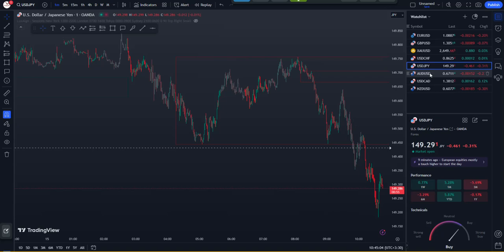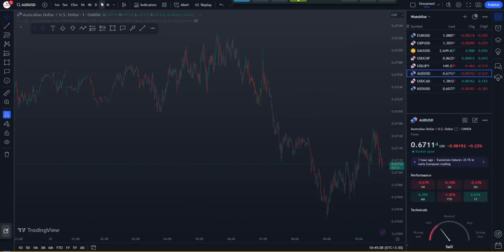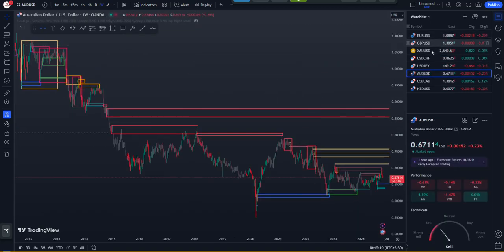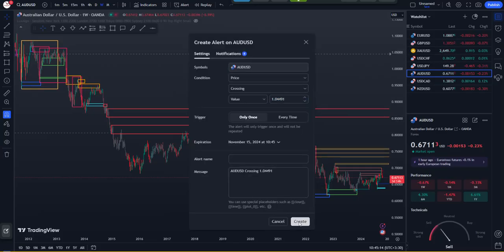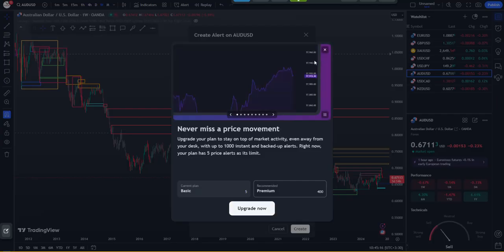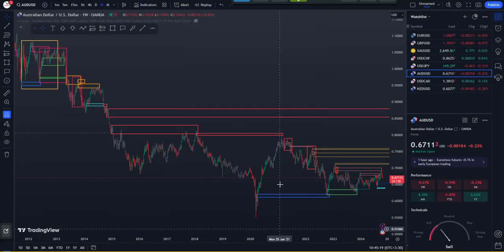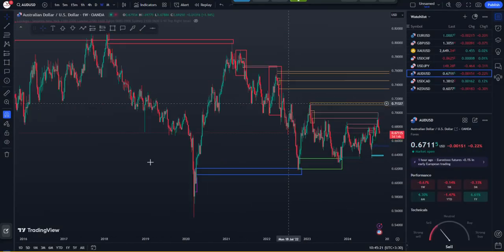And let's see Aussie price, and I know I can't put any alert. Make sure about that. Yeah, so I have to continue reading this one and monitor that.